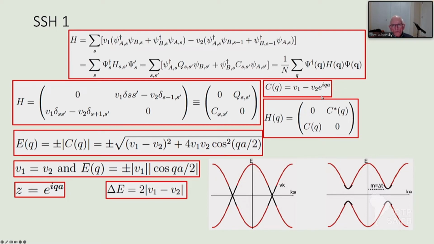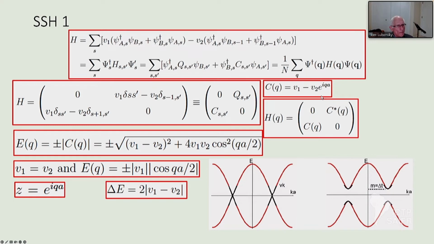So we can take a Fourier transform and write C of Q as V1 minus V2 e to the IQA. So Q is the wave number, and A is the lattice spacing. So H Q can be written as C star C. And we should observe that if you square this, you get C star C and C star C along the diagonal with zeros on the off diagonal. So this is an easy problem to calculate the energy for.